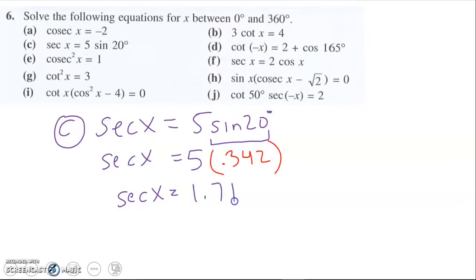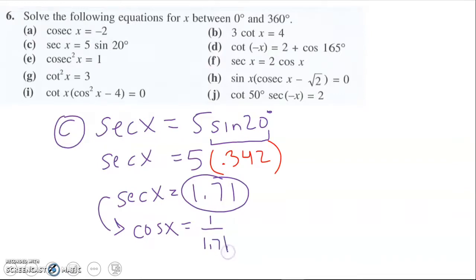1.71. Okay, and again, put this in terms of something that you're more comfortable with, or I mean, basically something you could actually plug in your calculator. Secant inverse is cosine. And again, what do you have to do with this? You have to find the inverse of that, so 1 over 1.71. Okay?